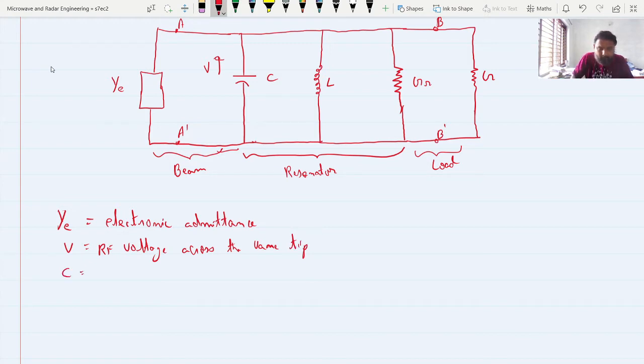C is the capacitance at the vane tips. L is the inductance of the resonator.